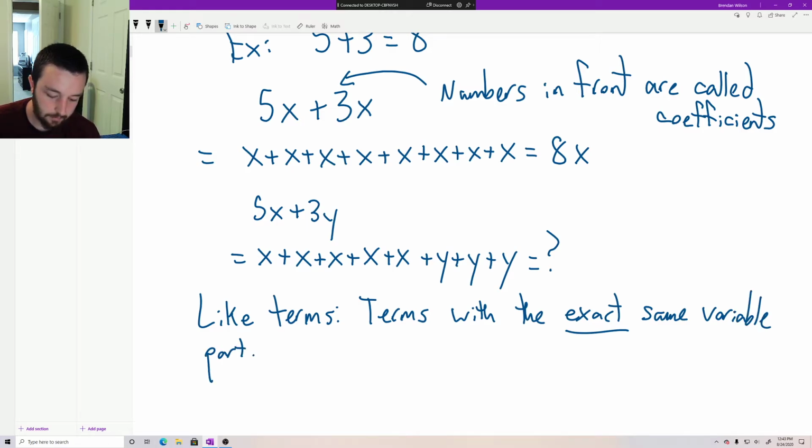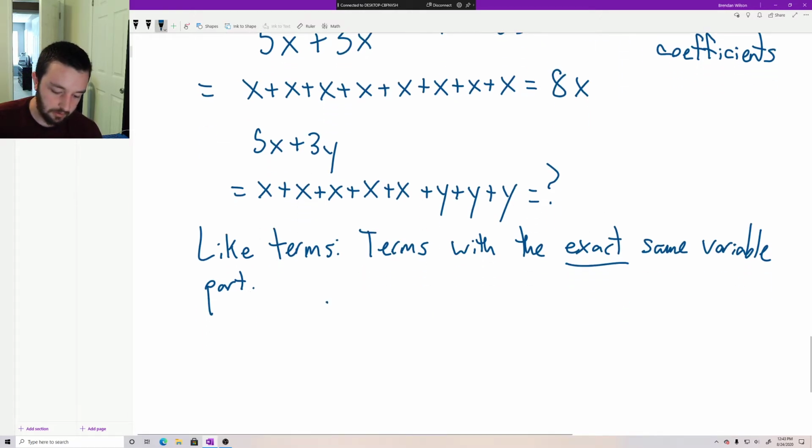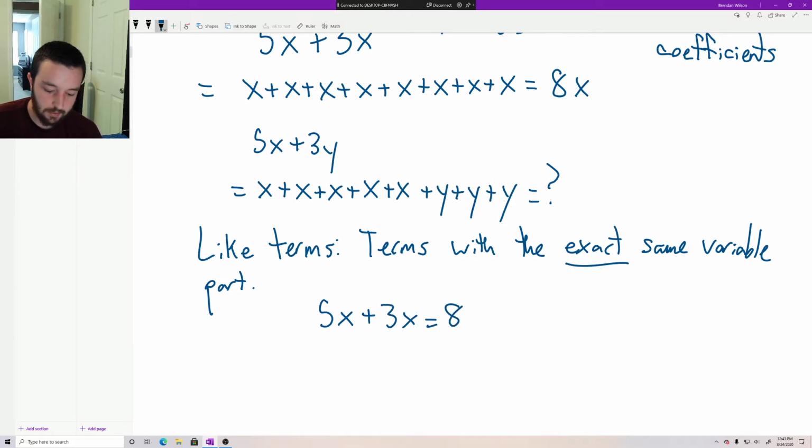The variable part has to be exactly the same. And I mean exact. They both have to be x or they both have to be y. So 5x and 3x are like terms. So we're able to add them together.